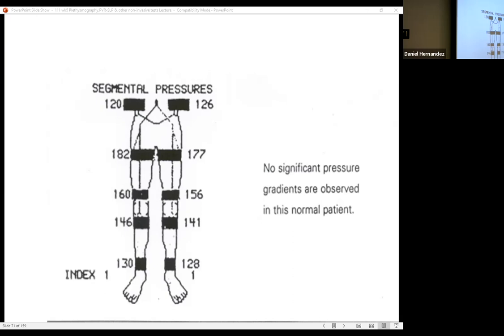Remember we talked about the different levels: claudication, rest pain, and then ulceration, gangrene. That's what the board and the registry do in terms of the numbers. But what if it's like 0.9 or 0.5? No, because claudication is 0.5 to 0.9.